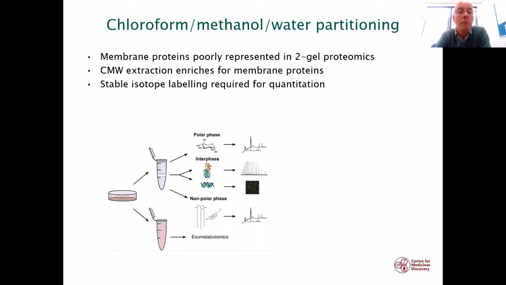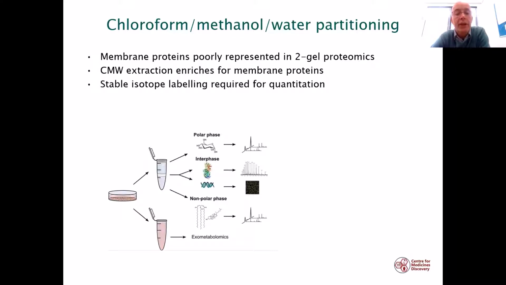So what people started doing was to enrich for membrane proteins, and this is done using chloroform water methanol extraction. It's a very simple technique, and I don't know if you can see this here, but there is an interface in between the chloroform methanol and the water, and at that interface, this is where your membrane proteins will concentrate, and you can then go on to do your proteomics experiment.